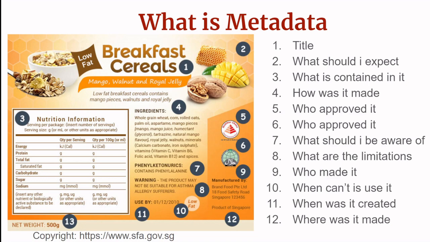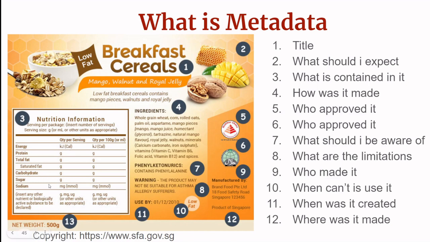So breakfast cereals gives us an indication that this is for breakfast. It also gives us an indication of what we should expect. So the second one gives us an indication of what we could expect. And we know that this is made of mango and honey. And so if you've had mango before, honey before, you have quite an idea of what the taste should be like. It tells us about what is contained in the data.